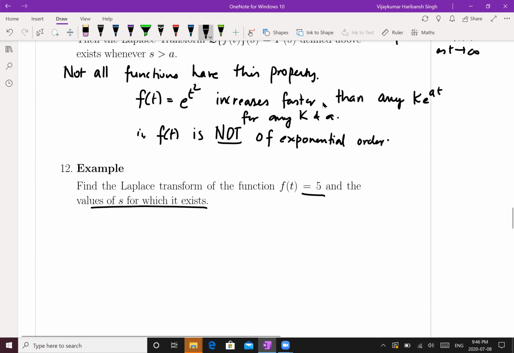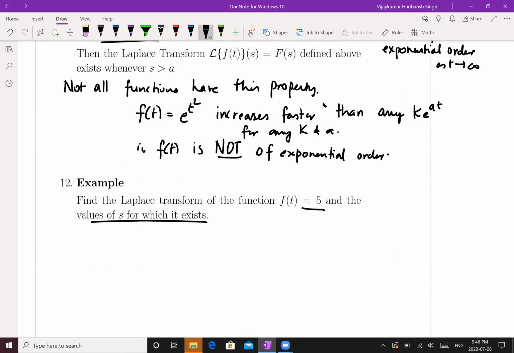So let's compute L of the function f of t. I'm going to compute L of 5 evaluated at s. So this is going to be the integral from 0 to infinity of 5 e to the power minus st dt.